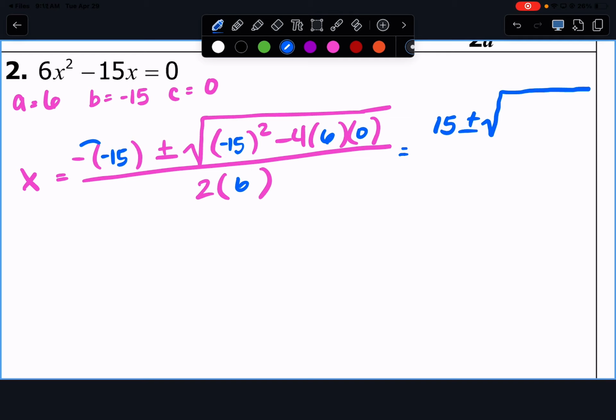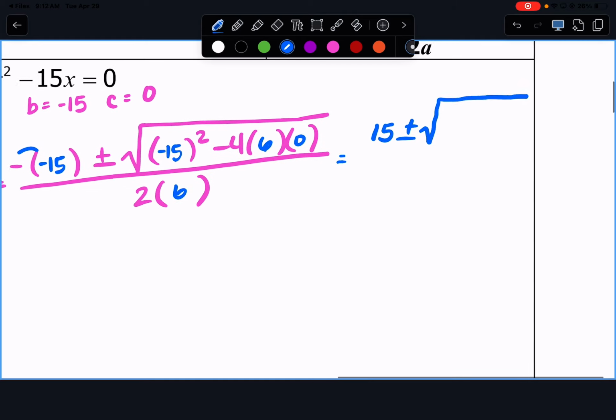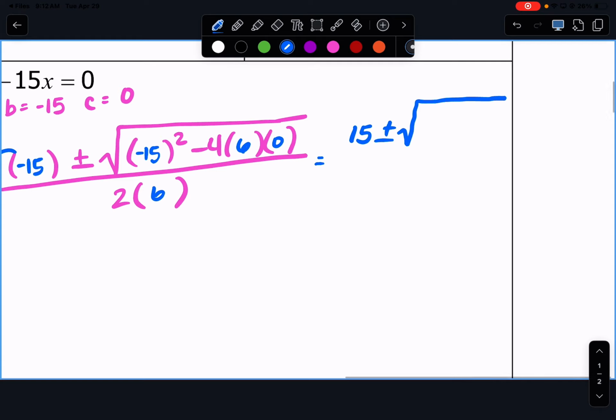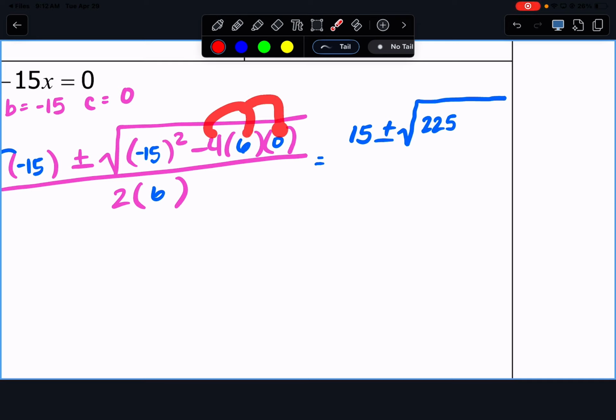It's positive 225. Remember, anytime we square a negative, it is positive. So we have 225. Then we have negative 4 times 6, which is negative 24, times 0 is 0, so we have minus 0. All over, what is 2 times 6? 12.